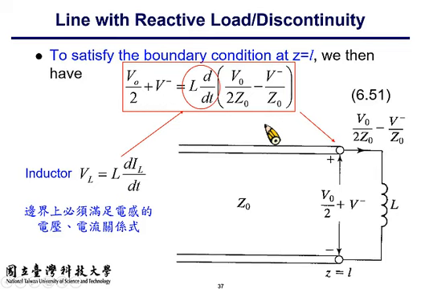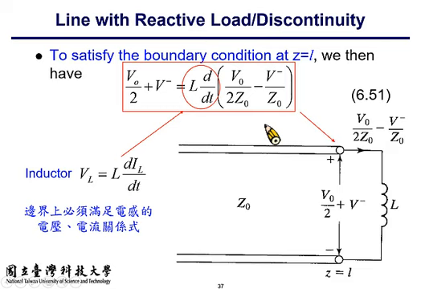So you substitute the total voltage representation and the total current representation. And as you can see here, for the current part, you need to perform a time derivative of the IL signal, the total current, including the I plus part and the I minus part.